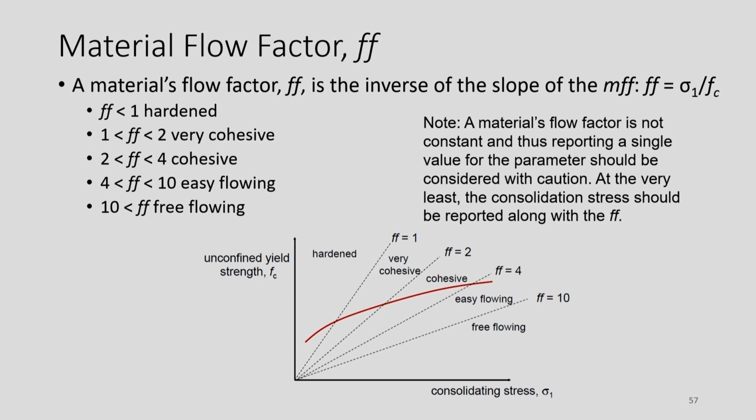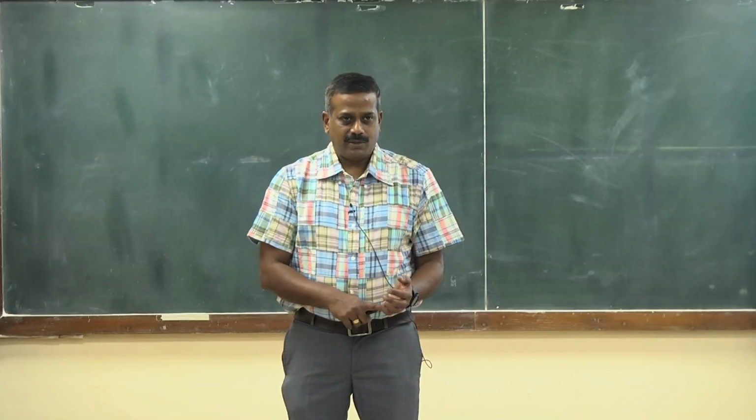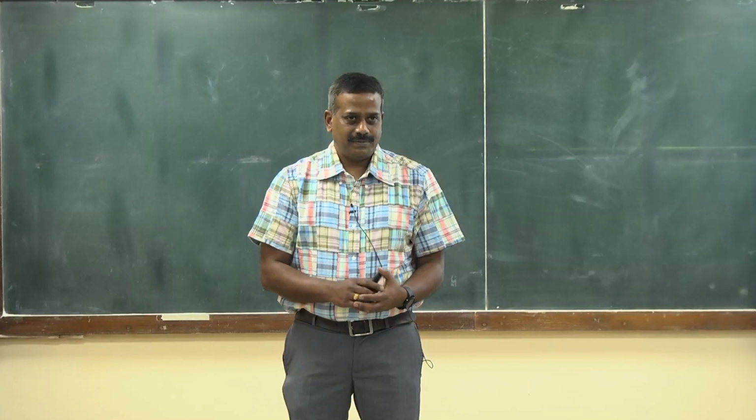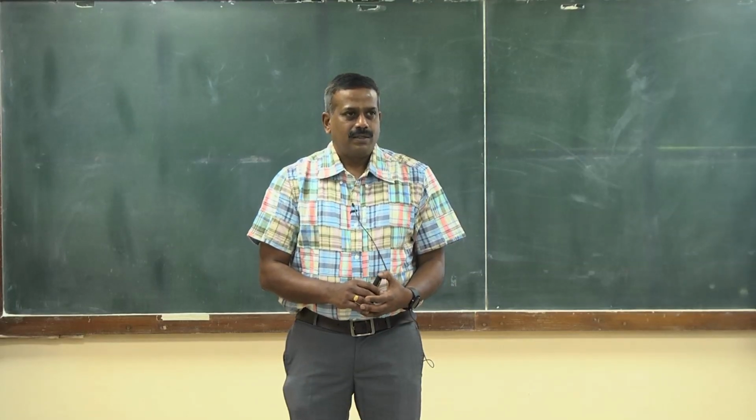I'm just giving an example, that might not be right. But if you increase the consolidating stress, then it might go into a free flowing category. That's why it's very important to test at different consolidation stresses and at different conditions, so that you can accurately get their flow behavior. Any questions?